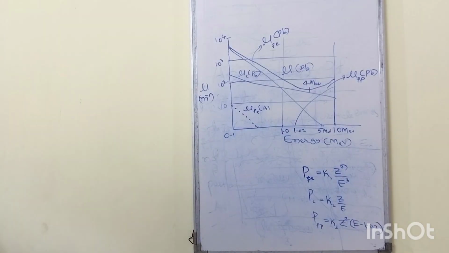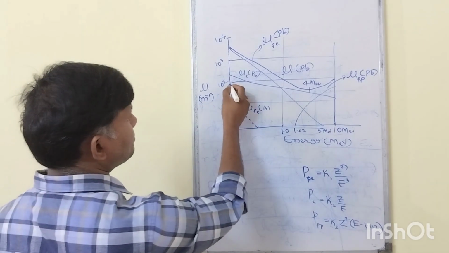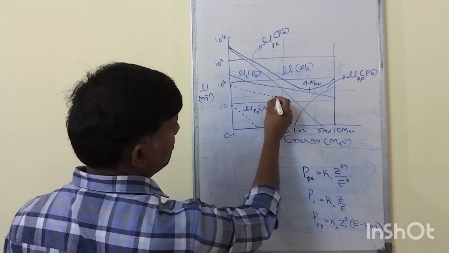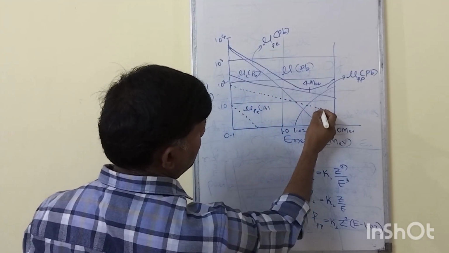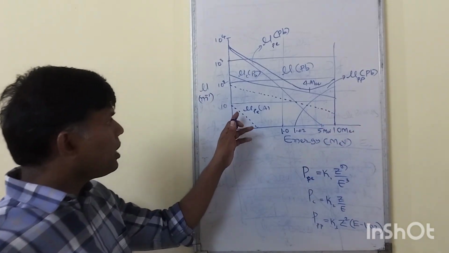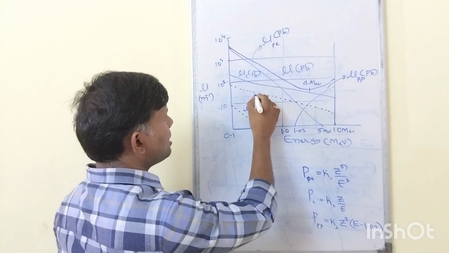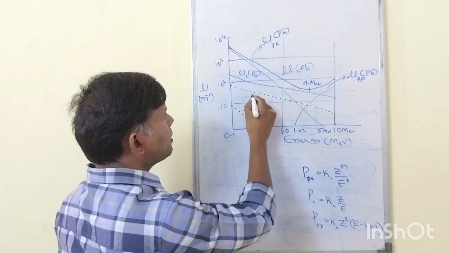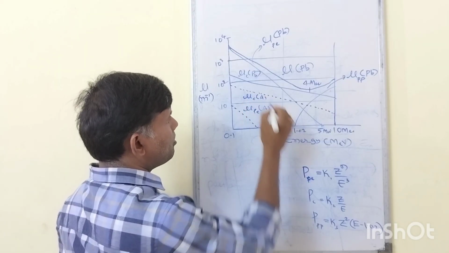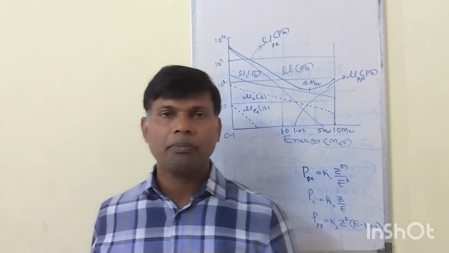How it looks, I will tell you. So this is the Compton scattering. It starts from somewhere here. It will go like this. So these two, I am comparing. This is mu Compton for aluminium.